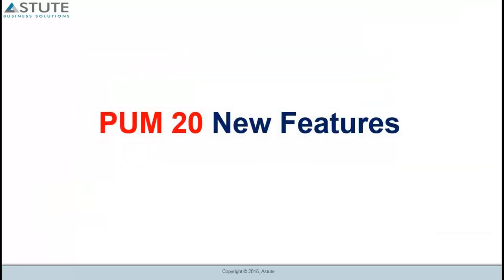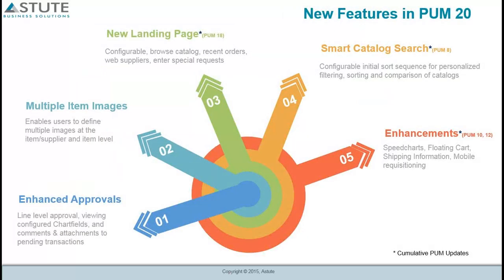Now I'm going to move on to the PUM 20 new features, which is a highlight of our webinar today. So I want to mention what I have on the screen. Specific to PUM 20 image for the ePro module, we have 2 features which are introduced.